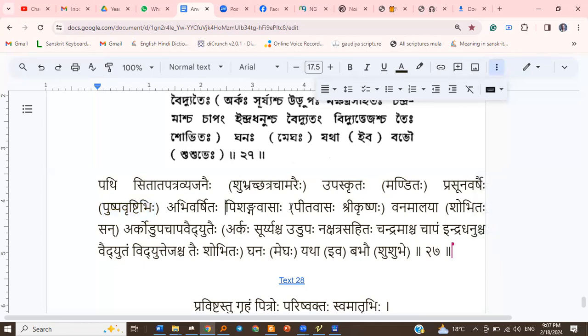Then Shri Krishna, who was wearing yellow garments, Pishangavasa, Pitavasa, was decorated with Vanamala, Vanamalaya Shobhitah San. So being decorated with the garland made of the flowers from the forest. So the Vanamala. He was now decorated or beautified, Shobhitaha.